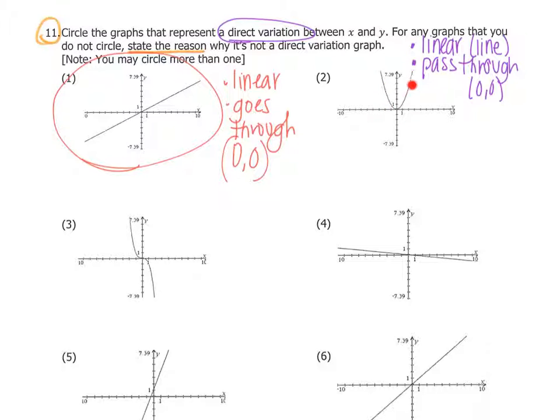Then we're going to take a look at number 2. Number 2 is curvy. It's a parabola. If you're thinking about your 2 checkpoints, the first one says linear, it's a line. If we look at this one, it's not a line. So we're going to say not linear. That's why we're not circling number 2. Try number 3.